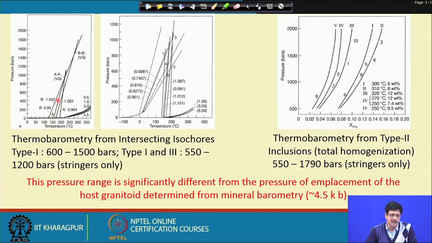The only condition is that the inclusion which is homogenizing at a lower temperature will have a lower density than the inclusion which is homogenizing at a higher temperature, which can be explained as one of the special cases which I will not be discussing in detail, as far as the presentation of the data.